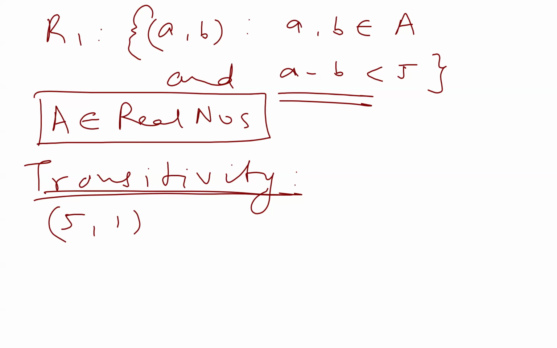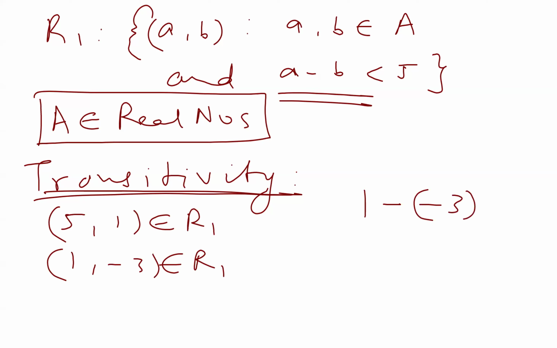The difference is 4, which is less than 5, so this belongs to R1. Now 1 comma, let's take a negative number, minus 3. This also belongs to R1 because 1 minus minus 3 is 4, and 4 is less than 5. So both the statements are true. Remember this example as well.